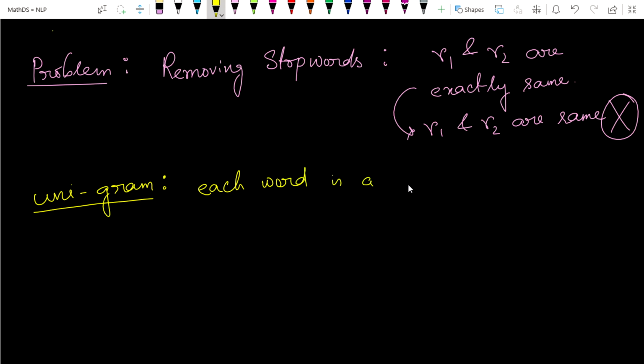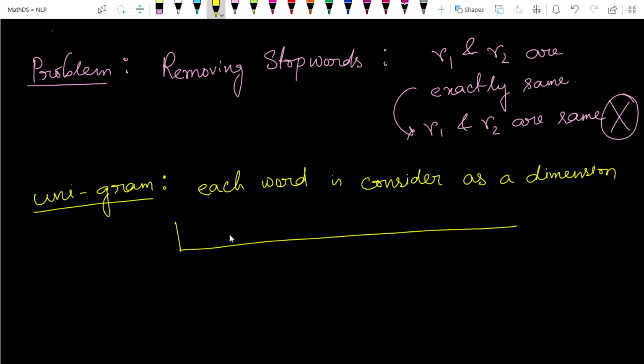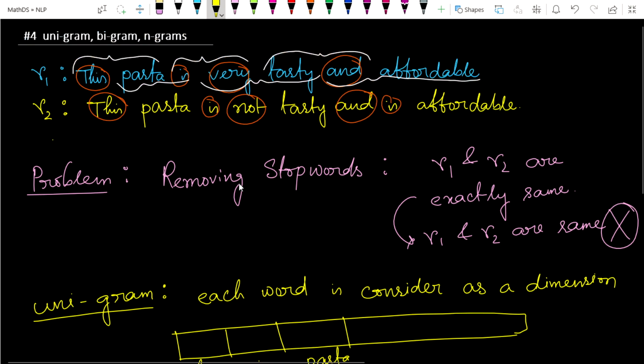The vector will look like this: somewhere it will be pasta, somewhere it will be very, somewhere it will be affordable.